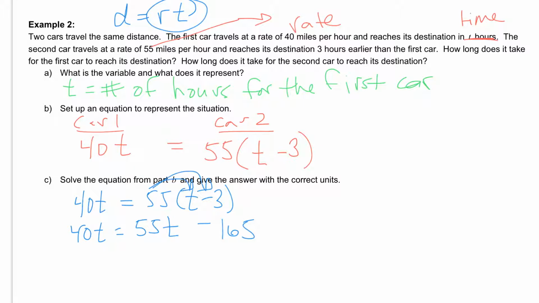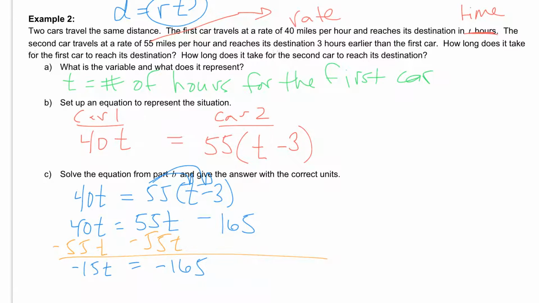Since this one's all by itself, I'm going to move this one over to that side by subtracting 55t on the right, which means subtracting 55t on the left. That gives me, on the left-hand side, negative 15t equal to negative 165.